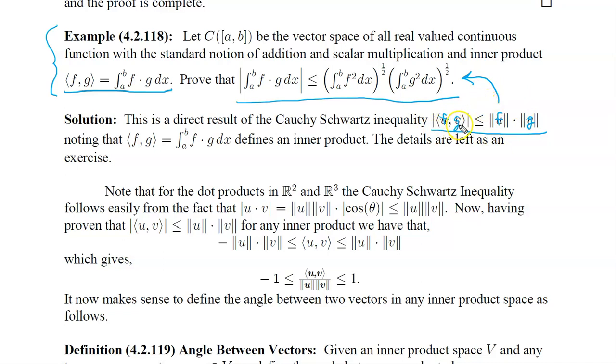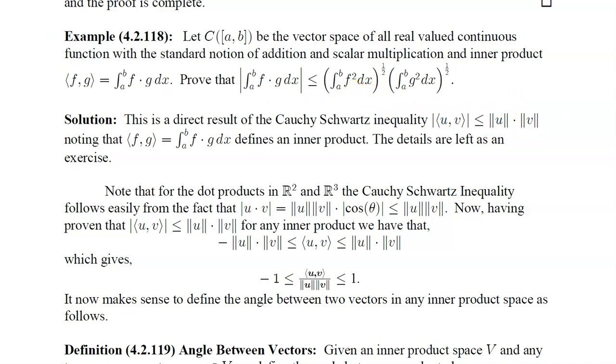So the inner product of f, g is the integral from a to b of f times g. The norm of f is the integral from a to b of f times f to the 1/2 power, and the norm of g is the integral from a to b of g times g to the 1/2 power. So this inequality right here comes directly from the Cauchy-Schwarz inequality.